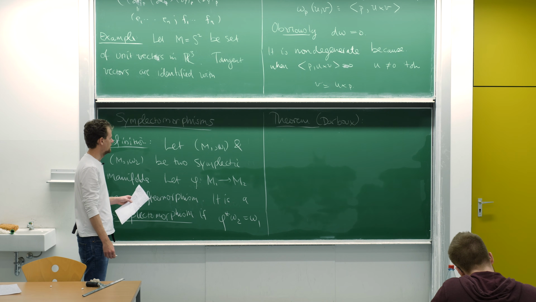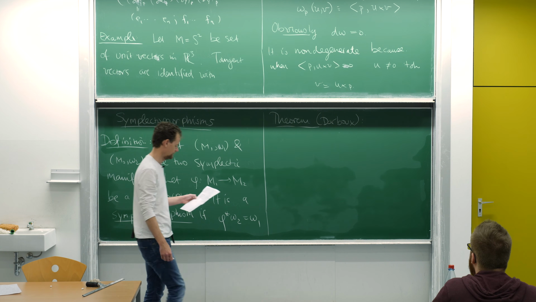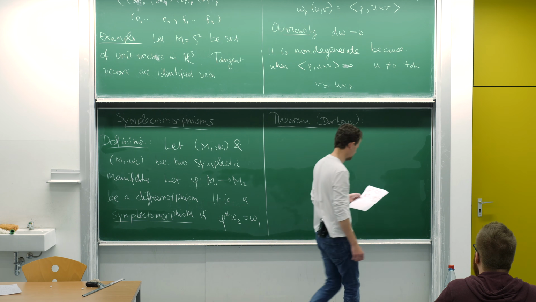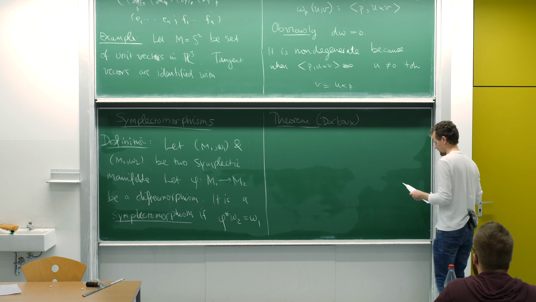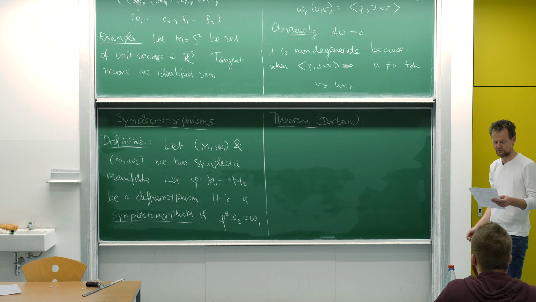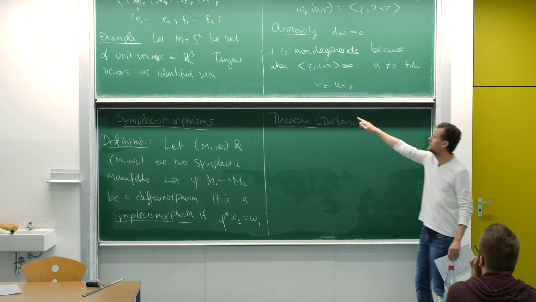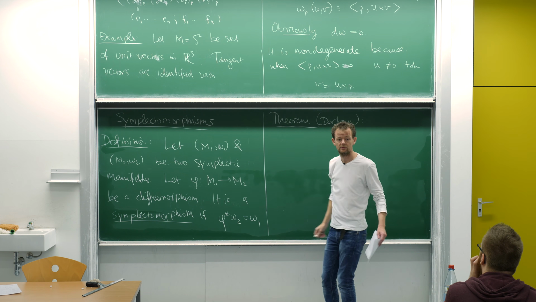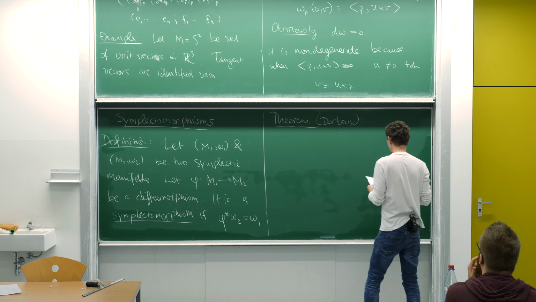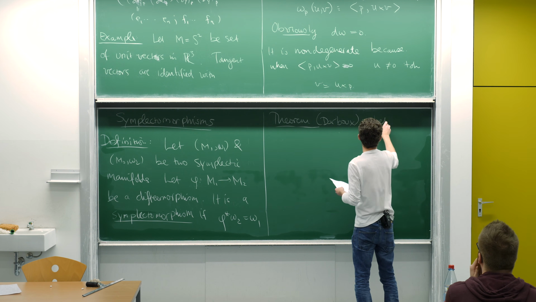This theorem tells us that symplectic manifolds are always locally like our friend R2n. So this is arguably the most important structure theorem we have about symplectic manifolds.